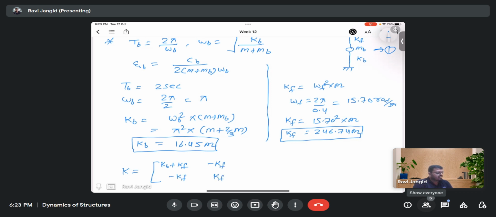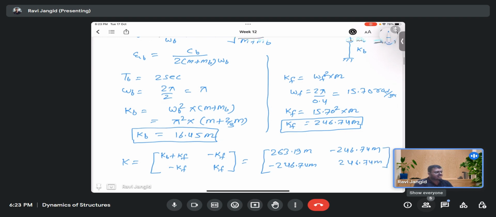So when we calculate it, it will come out to be 263.19 M, minus 246.74 M, minus 246.74 M and 246.74 M. So this is my stiffness matrix.